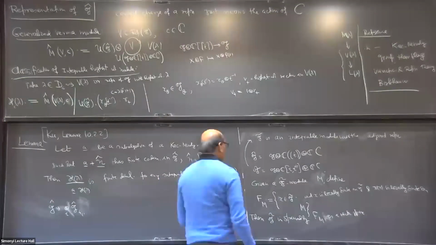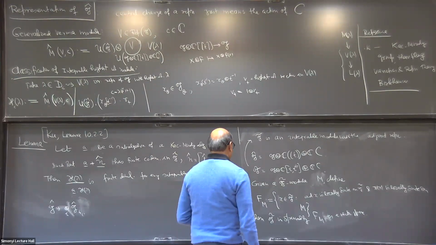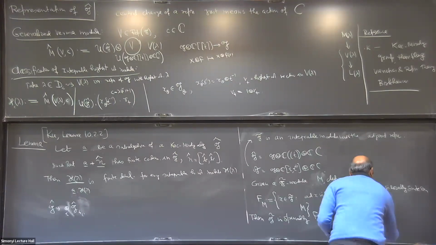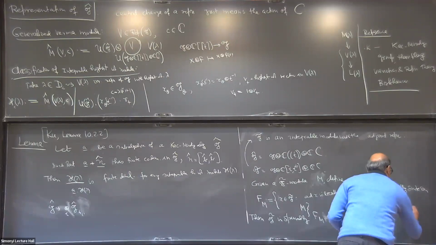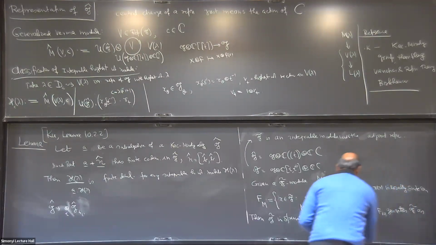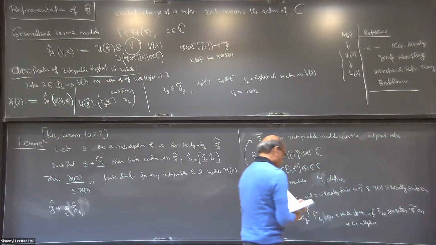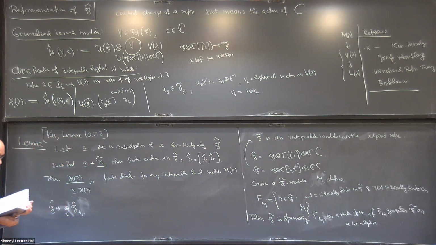If F_M generates G twiddle as a Lie algebra, that's the correct one.